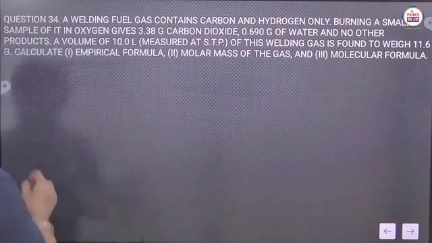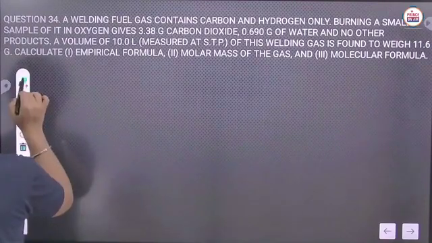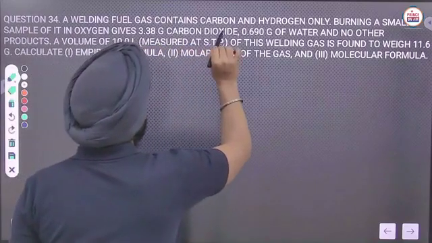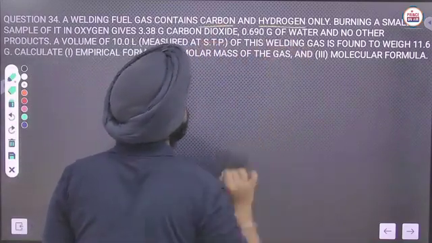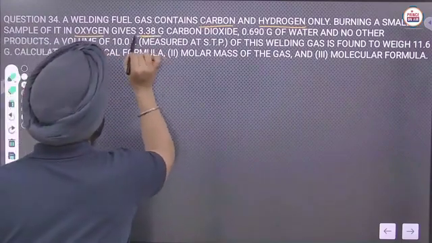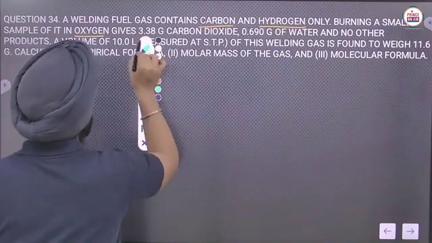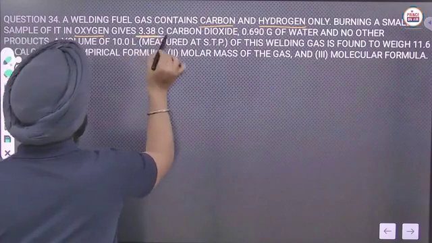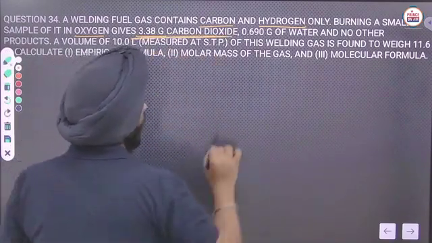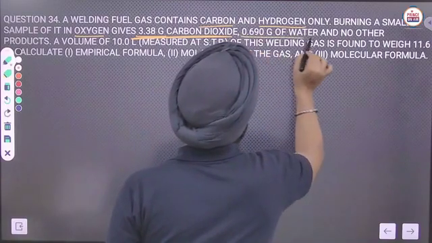Just listen carefully to the question once again. A welding gas fuel contains carbon and hydrogen only. Burning a small sample in oxygen gives you 3.38 gram of carbon dioxide and 0.690 gram of water.